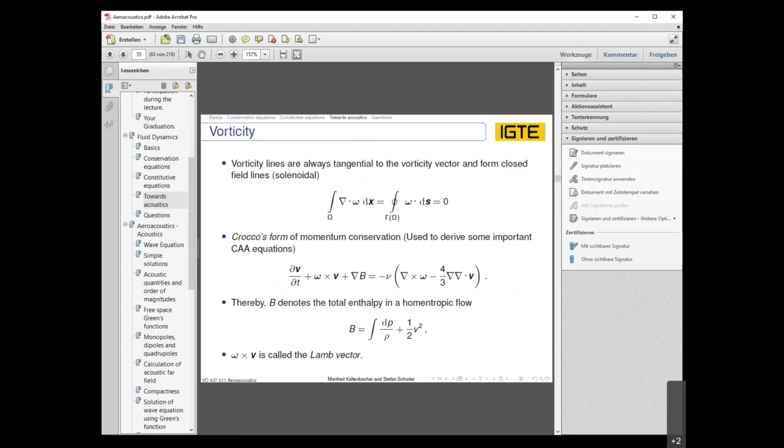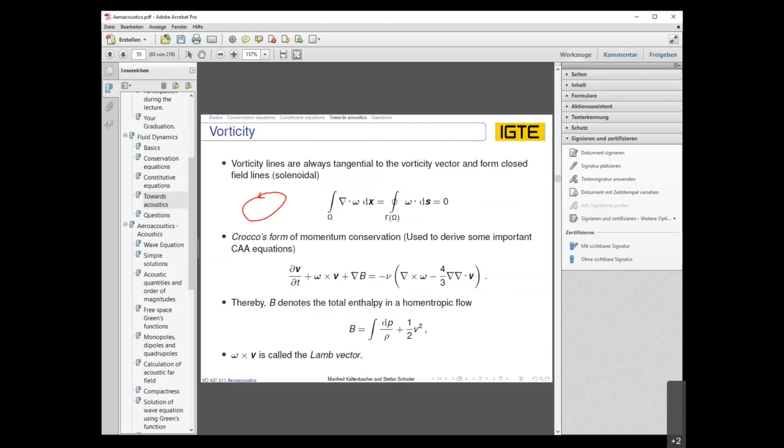Vorticity forms closed loops, like the magnetic field, and it can also be described in a similar setting.